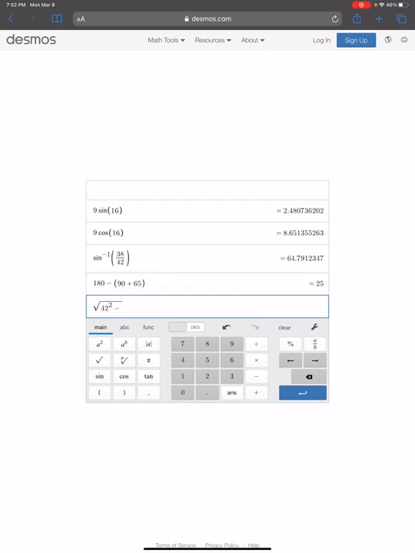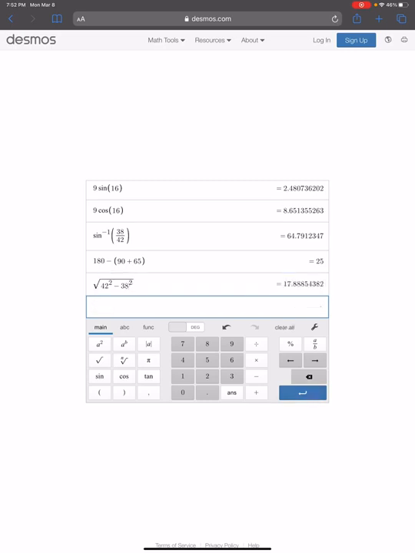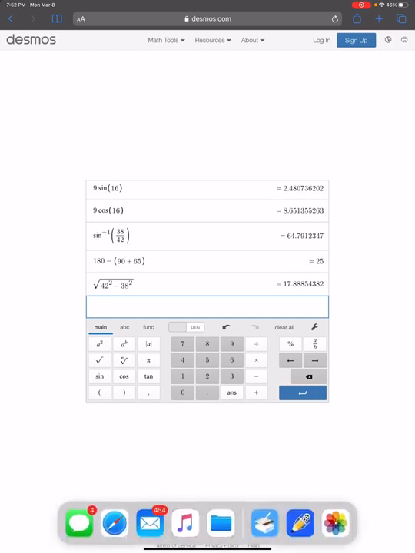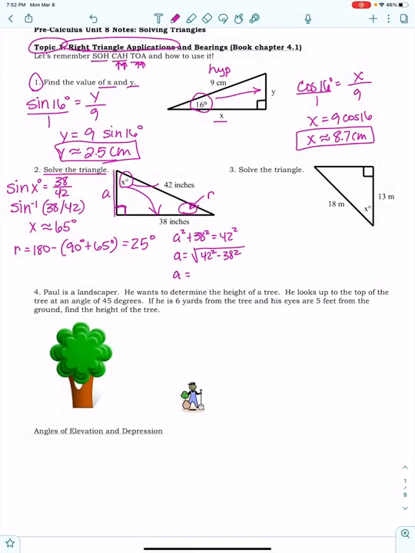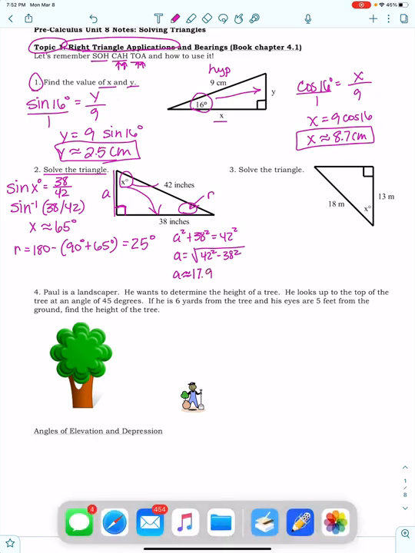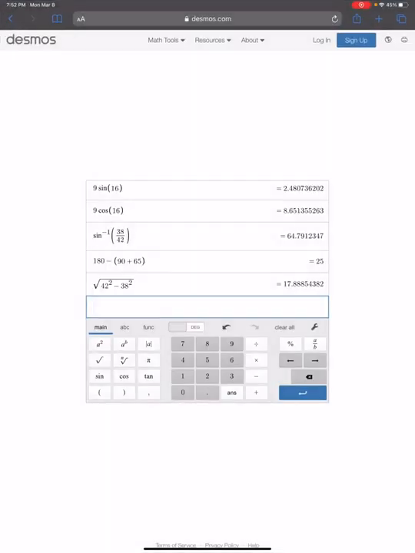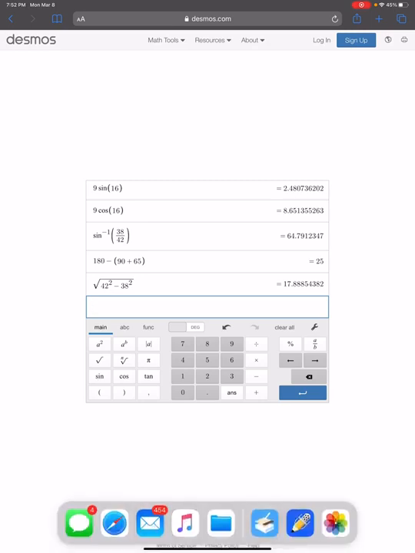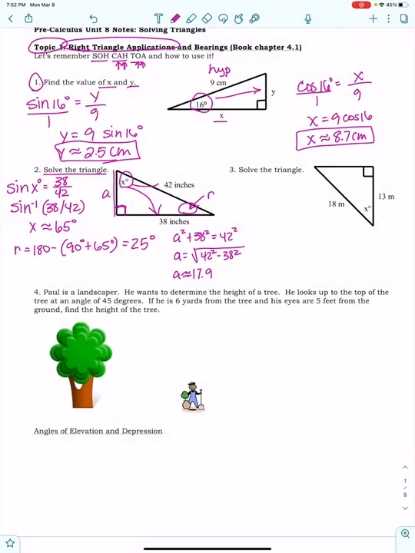Did I say minus 38 squared? I think that's what I said. Okay, so you get 17.9. Oh, it's approximately. Did I say 17.9? I swear, I'm out of control today.